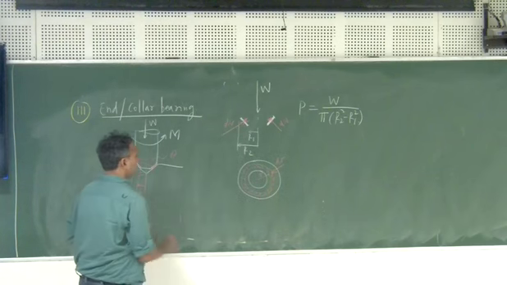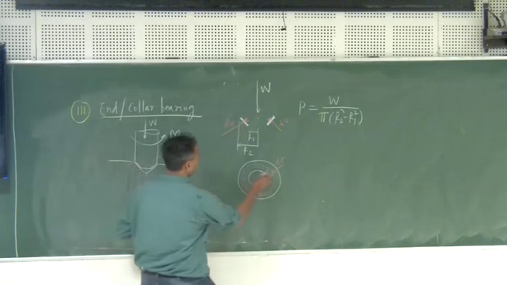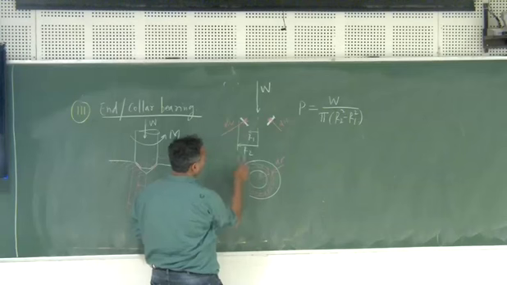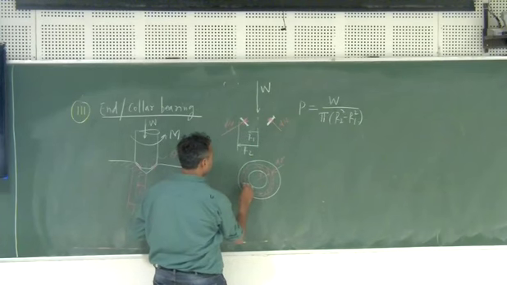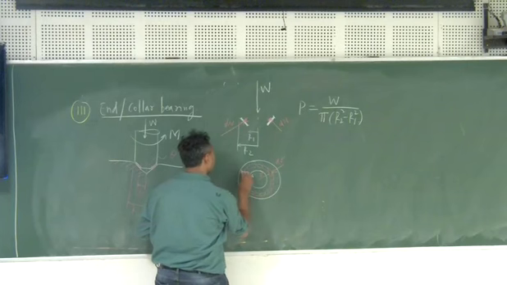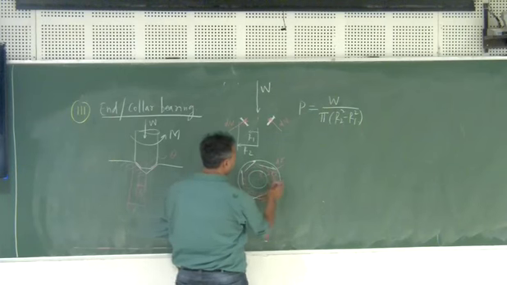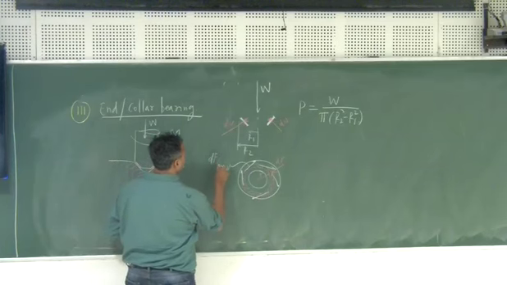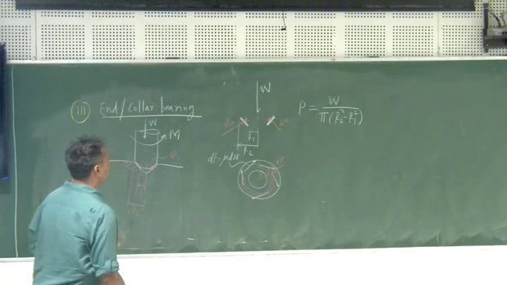So basically we have to find out this dN. Now if you look at the direction of your dN, what will be your friction forces? Friction forces along these directions, nothing but dF will be mu times dN, right?